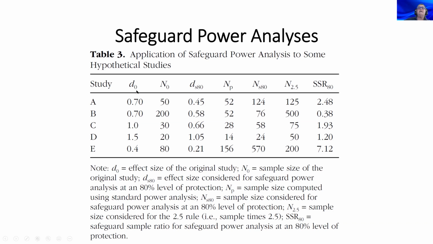Let's say that the effect size of the original study was 0.7, and the sample size of the original study was 50. Well, the effect size considered for safeguard power at an 80% level of protection, which is an 80% confidence interval. And then the sample size computed using standard power analyses. Then the sample size considered for safeguard power analyses at this 80% level of protection, right? And then the 2.5 times rule, and then the safeguard sample ratio.